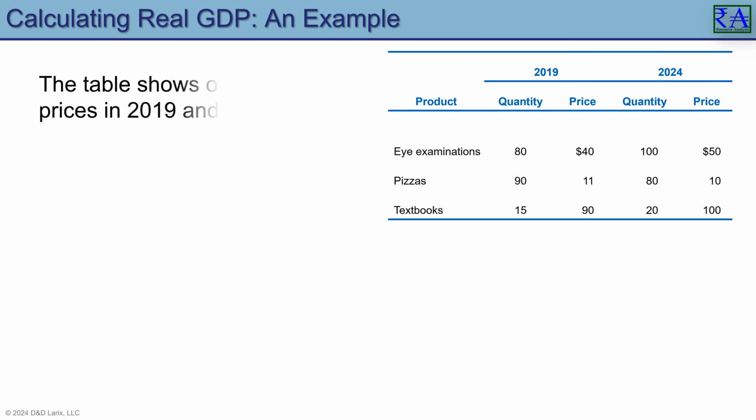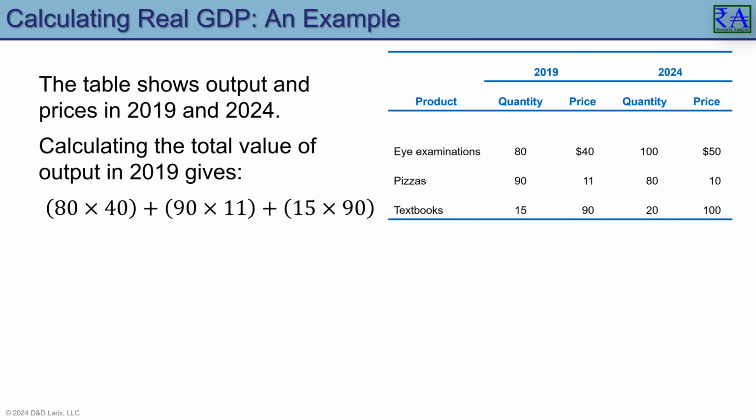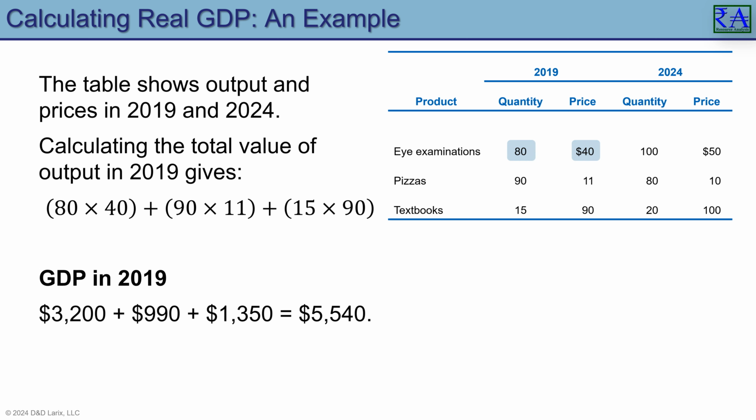To understand how real GDP is calculated, let's look at an example. The table on the slide displays the output and prices for the years 2019 and 2024. To calculate the total value of output in 2019, we multiply the quantity of each good by its respective price and sum the results. For good A, 80 times 40 equals 3,200. For good B, 90 times 11 equals 990. For good C, 15 times 90 equals 1,350.